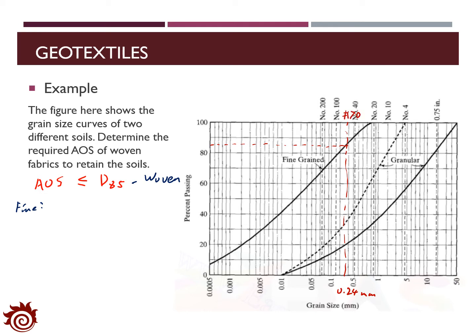Here we can get AOS is less than 0.24 millimeter for the fine-grained soil.